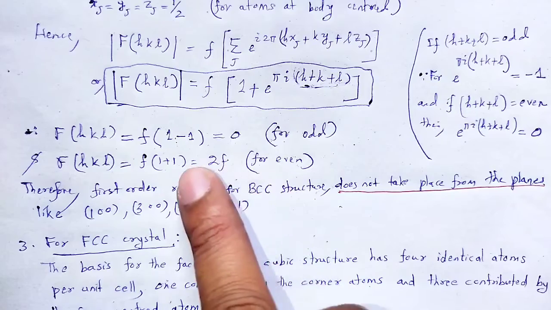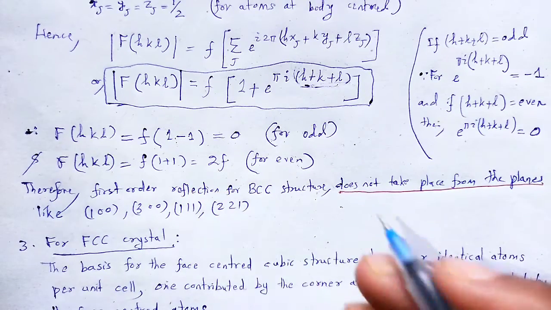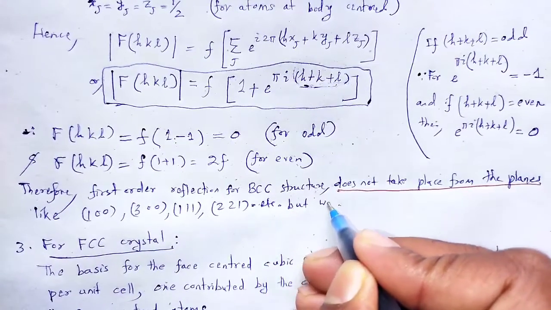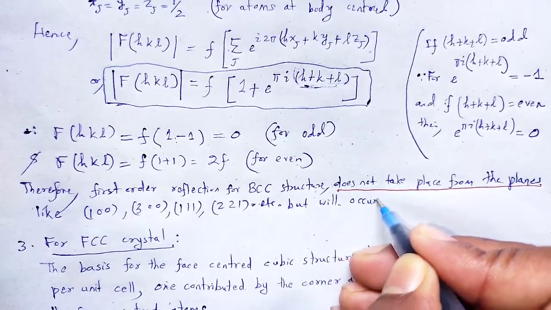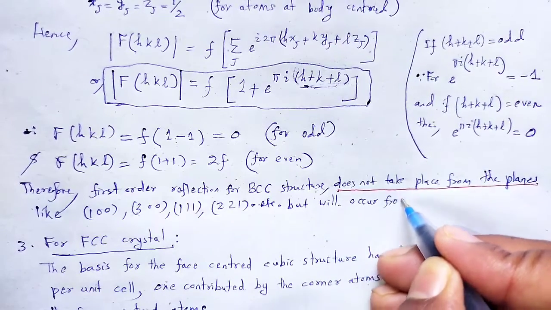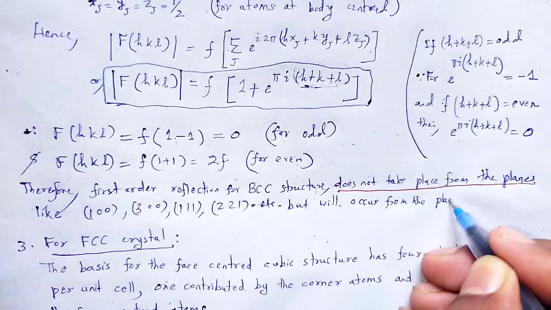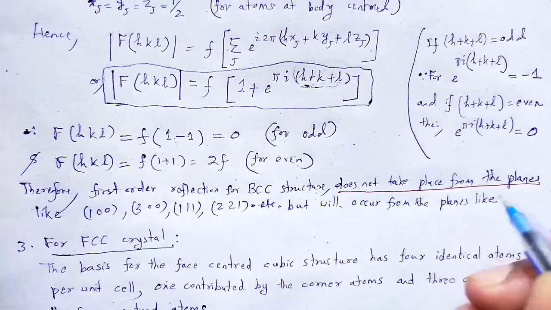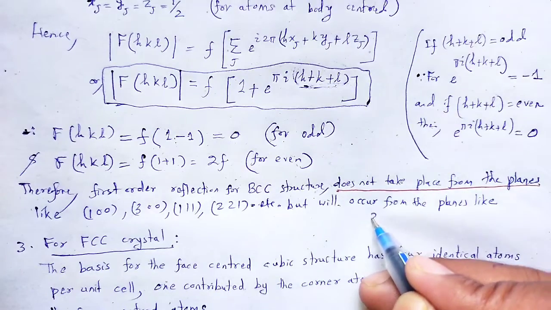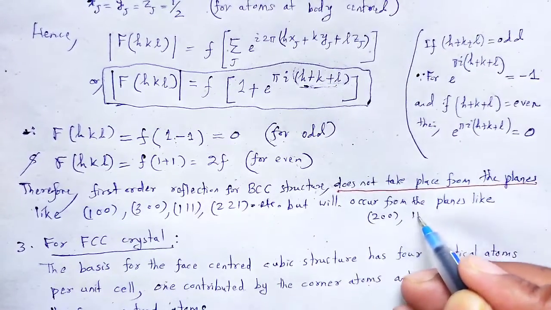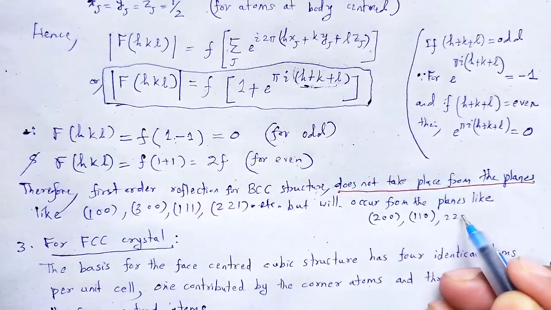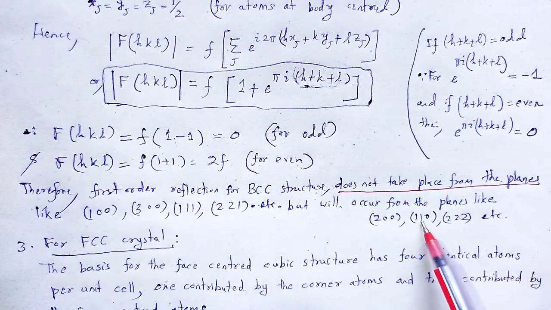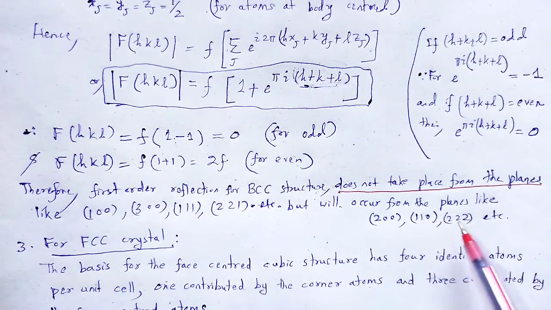Next, for even sums the reflection will appear, and will occur from the planes like 2 0 0, 1 1 0, 2 2 2 etc. 2 plus 0 plus 0 is 2, 1 plus 1 plus 0 is 2, 2 plus 2 plus 2 is 6, all are even.